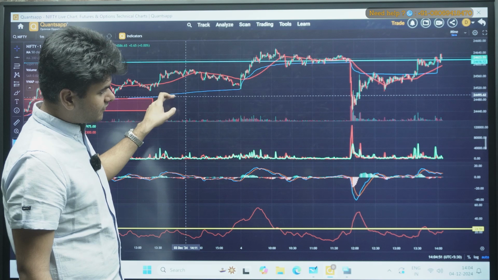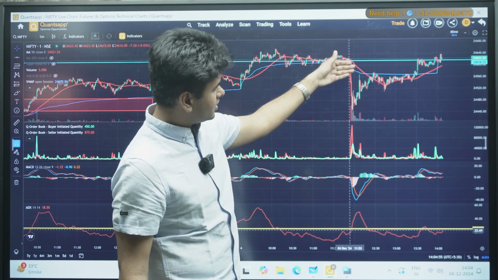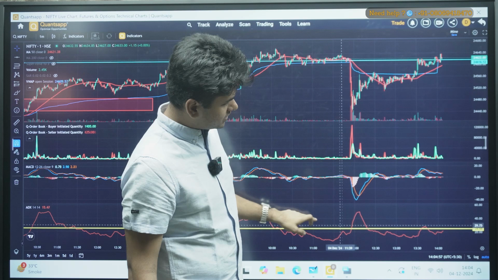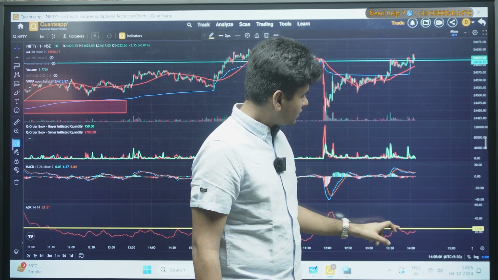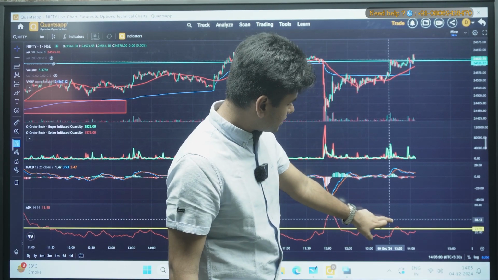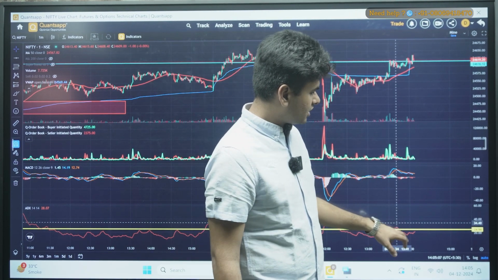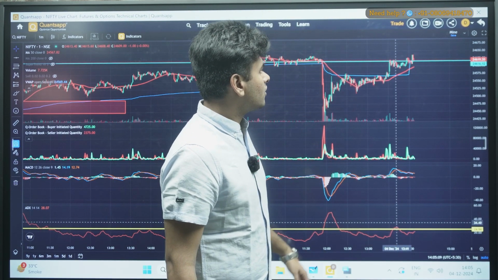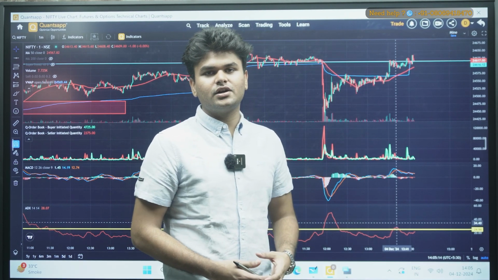Again, when it crossed above 25, the downward trend had begun. Again, it has crossed 25, but it didn't sustain for long. If it doesn't sustain, that means the trend may be fake, and on that basis you can avoid trading on this kind of trend.